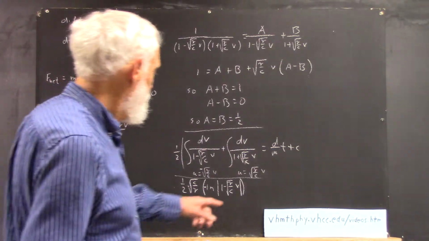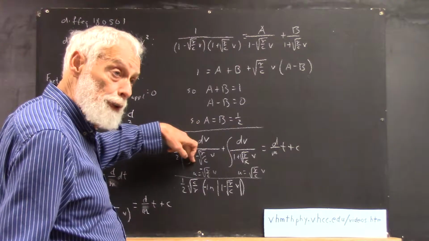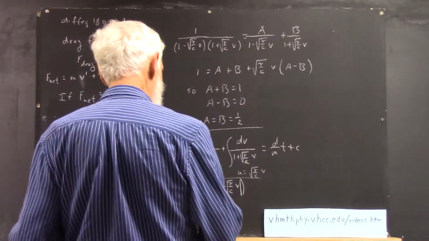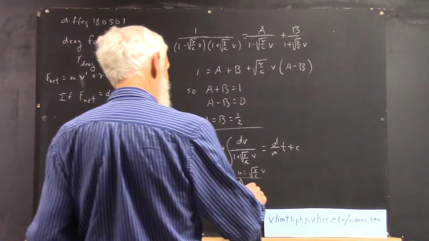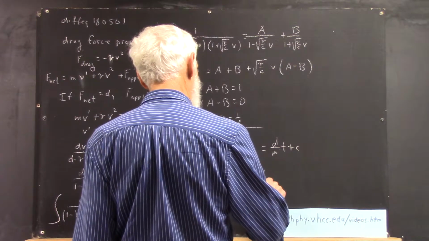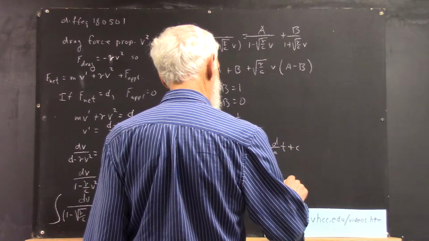And of course you can verify this now by taking the derivative of this and finding out that you do get this, assuming I'm right, and I think I am. You know how that is. And then it's going to be plus a natural log of the absolute value of 1 plus the square root of gamma over C times V.